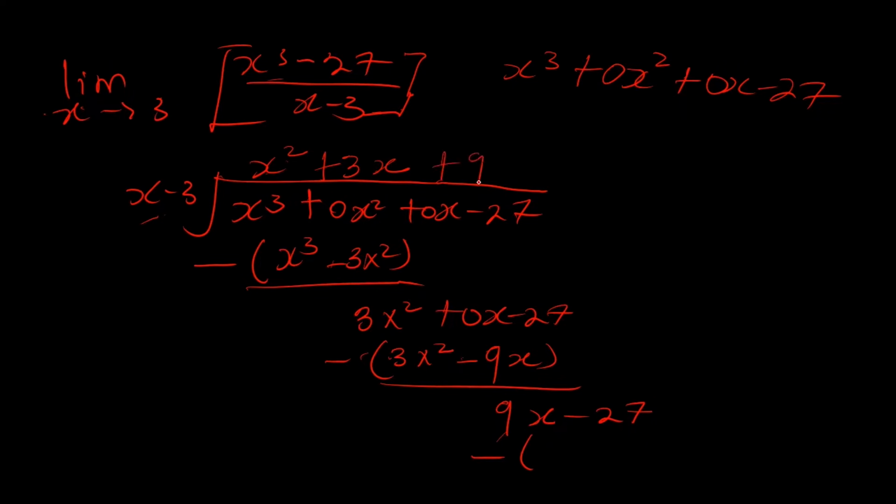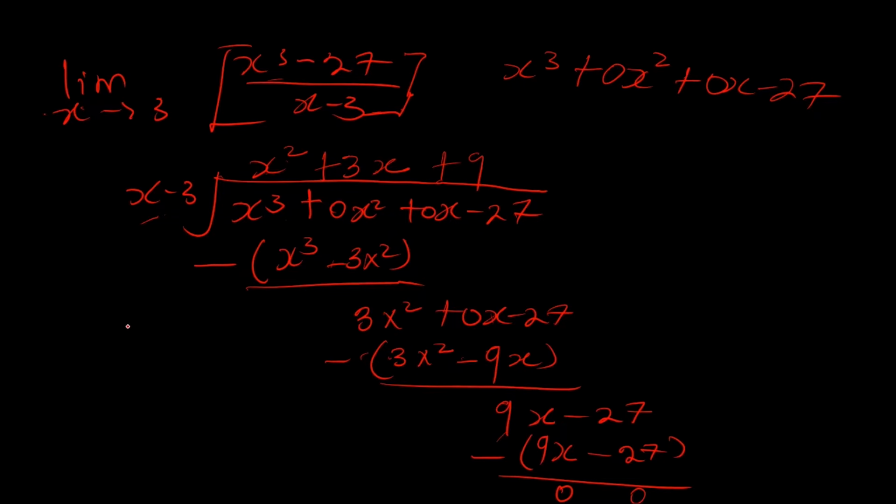So plus 9. x times 9 is 9x. Negative 3 times 9 is what? Negative 27. At the end of the day, 9x minus 9x is 0. Negative 27 minus negative 27 is 0, because it will be negative 27 plus 27 is 0.